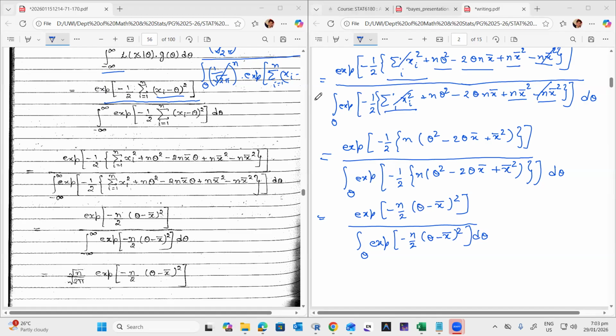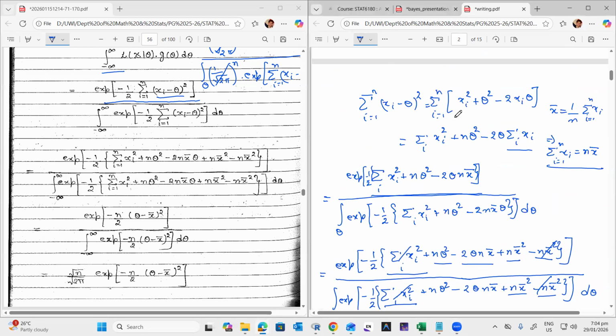Why is it a constant in the numerator if we are not integrating? Which one you are saying? I didn't get that one. See, what we are doing. See, yes, we are integrating here.